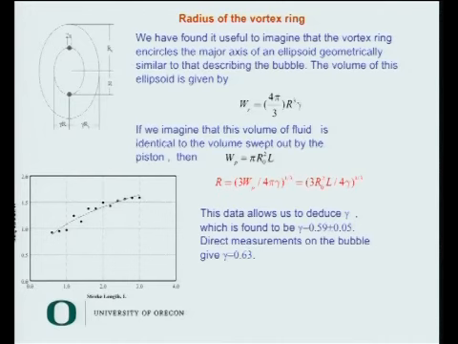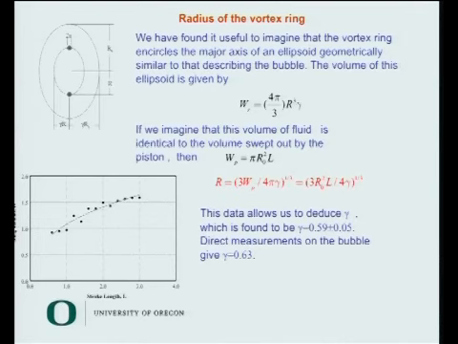So if you make the amount of water in a piston just fill that inner ellipsoid, you quickly get an expression for the volume of water shoved out of the piston, and this is pi times the radius of the piston squared times the stroke length. And if you make these two things equal, then you get a nice expression for the radius of the ring.